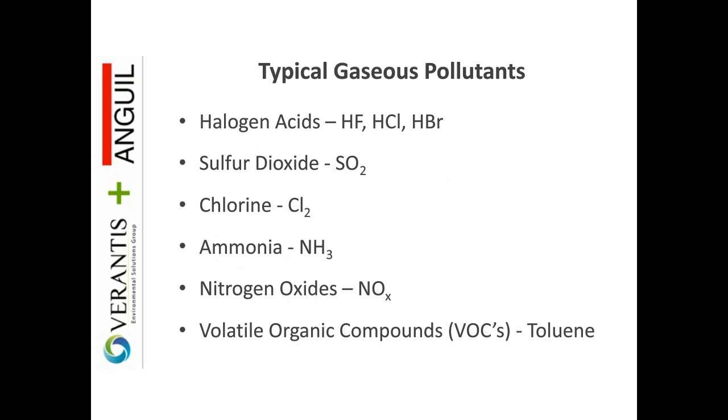So again, briefly on the general, wet scrubbers can be used to approach basically all sorts of gaseous pollutants, many of which are included on this list, aside from many of the VOCs, something like toluene, things that are insoluble, things that have high vapor pressures and are non-reactive as far as the scrubber is concerned.